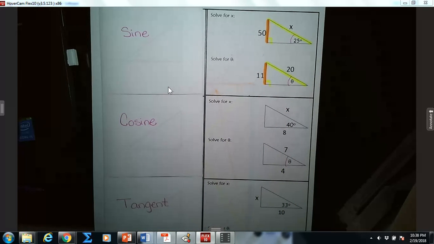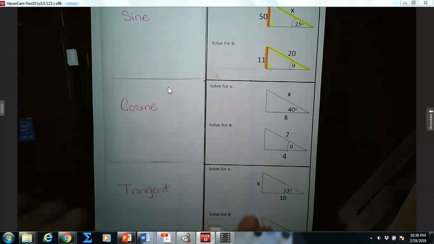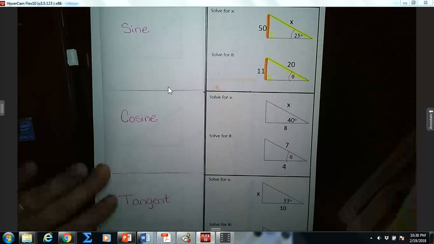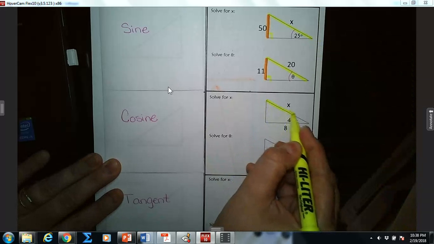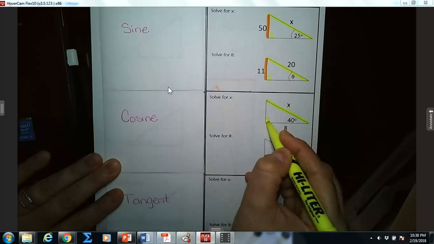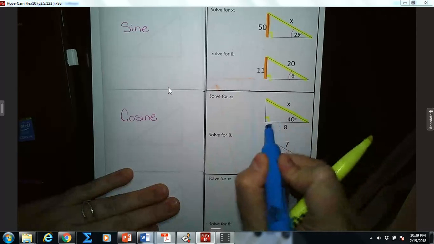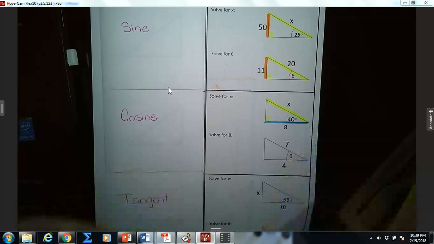All right, before we start taking notes and doing any work, let's compare it to the next set of examples here. In the next set of examples, look at what you're given in comparison to this first set. We might be finding x. In this case, it's on the hypotenuse again, across from the 90-degree angle. But this time, I'd be finding x in relationship to the adjacent side, adjacent to the angle of perspective.